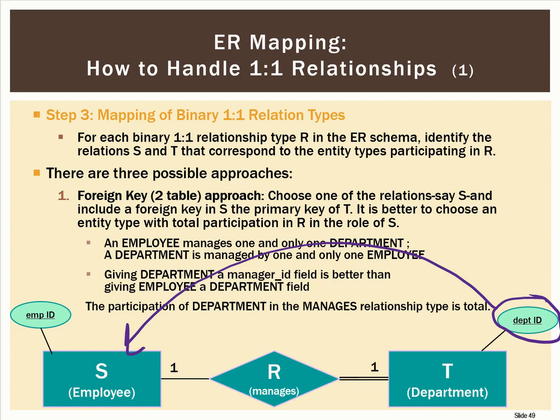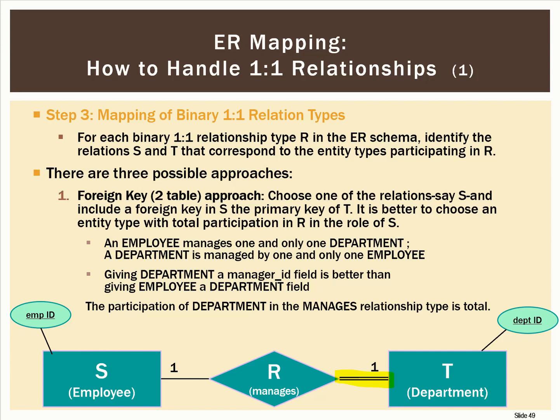These two choices will guarantee that one entity type is linked to the other. So now the only question is, which is correct? Technically, both could work. I could put the employee ID in the department table, or I could put the department ID in the employee table. But in this case, remember we want to reduce the number of nulls that we are storing. We have here, as you can see, total participation between a department and this manages relationship.